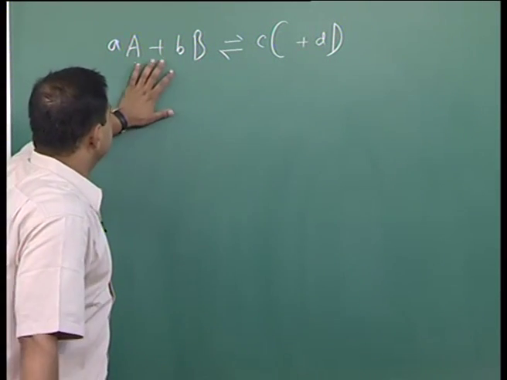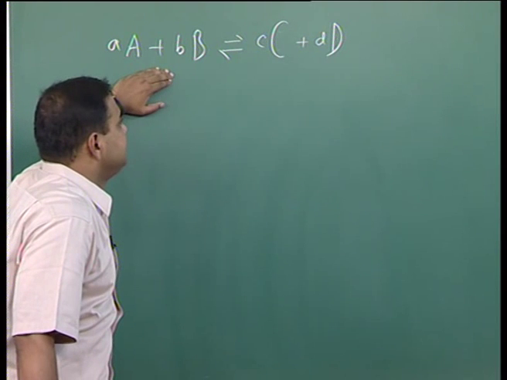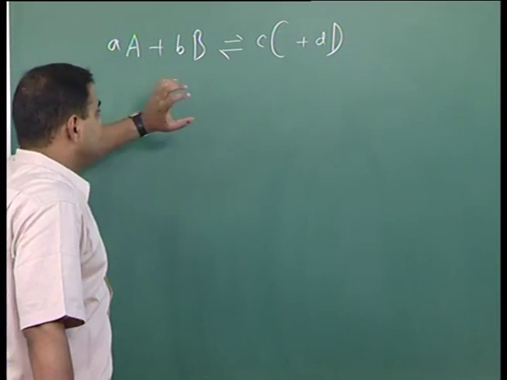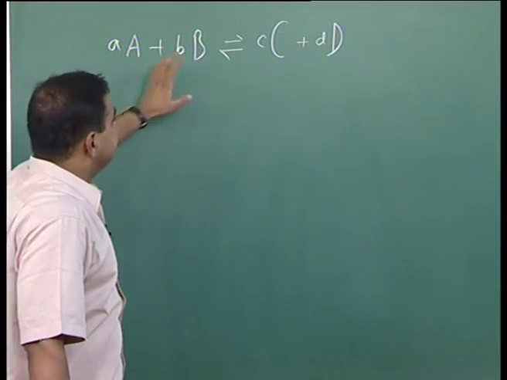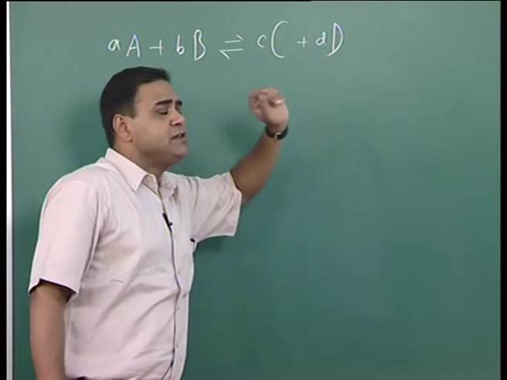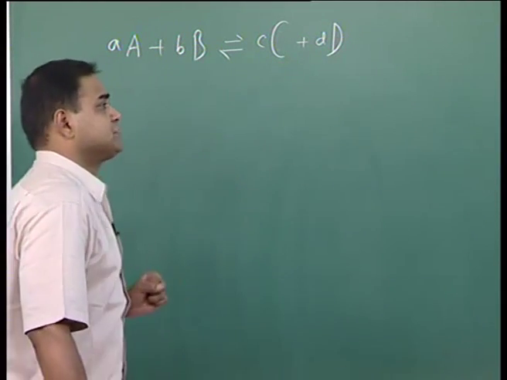Let us say this side is the reactant. Initially I have started with A and B, these are the two components of the system. Then when the reaction happens, it forms C and D, these two products.